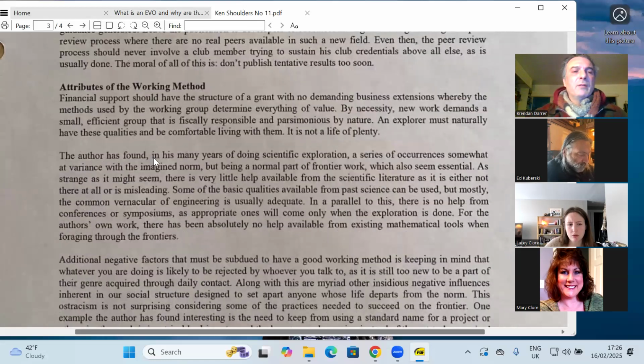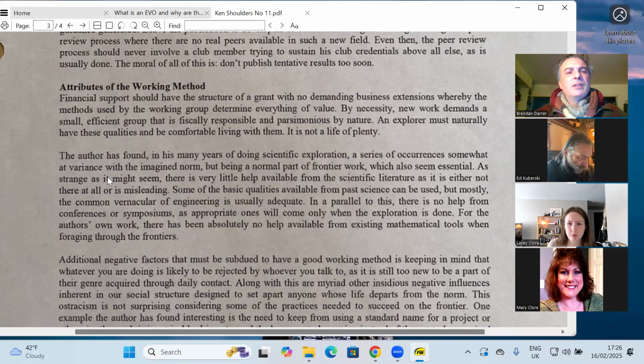The author has found, in his many years of doing scientific exploration, a series of occurrences somewhat at variance with the imagined norm, but being a normal part of frontier work, which also seem essential.